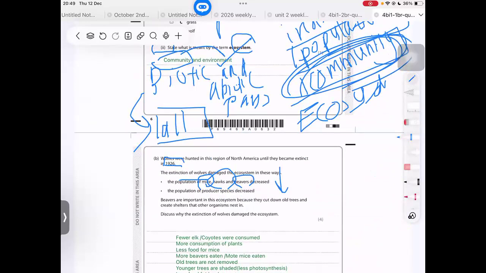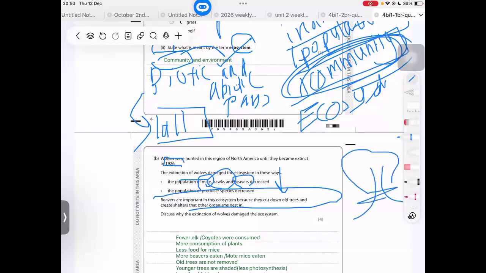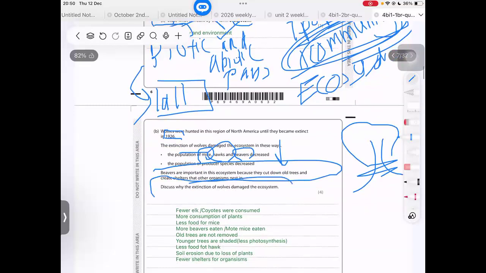They have also mentioned that beavers are important because they cut down the old trees, and they create shelters that the organisms nest in. They're asking: discuss why the extinction of wolves damaged the ecosystem.